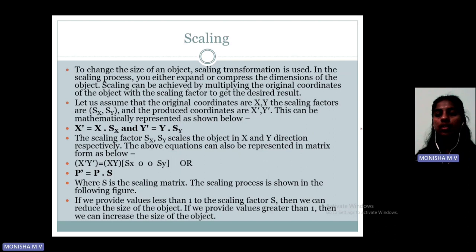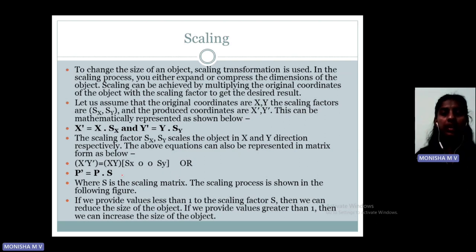As you know the directions, this is the y direction and this is the x direction. This scaling factor will scale the object in the x direction and also the y direction. And we can represent it in the form of p dash is equal to p into s.